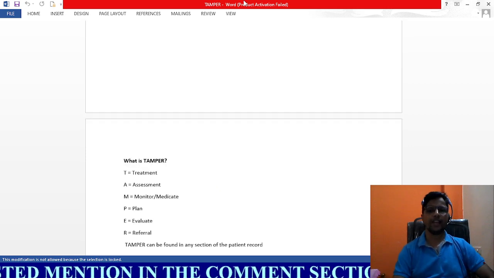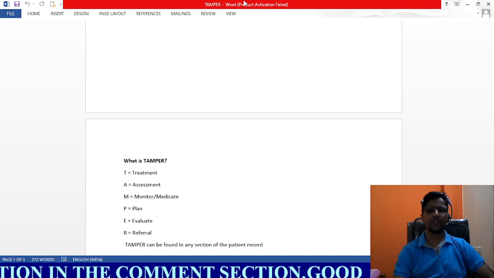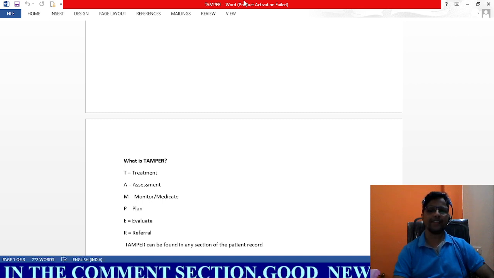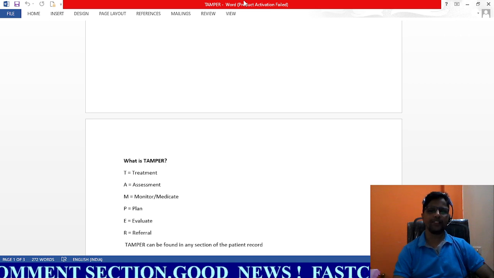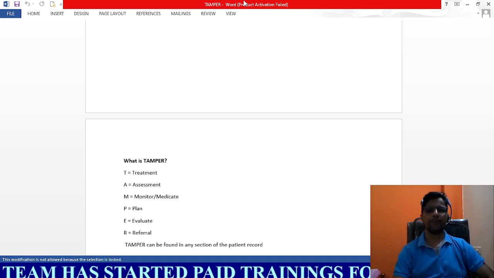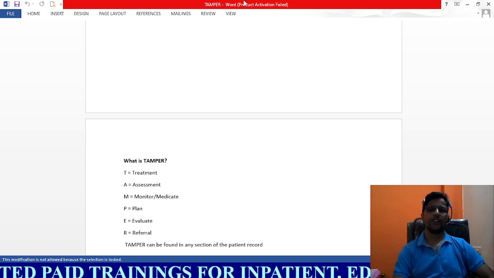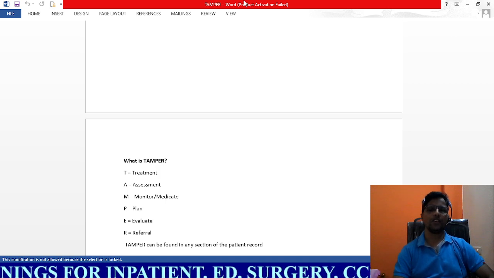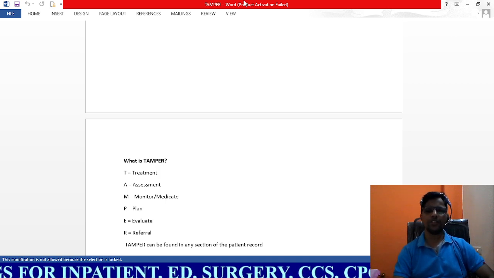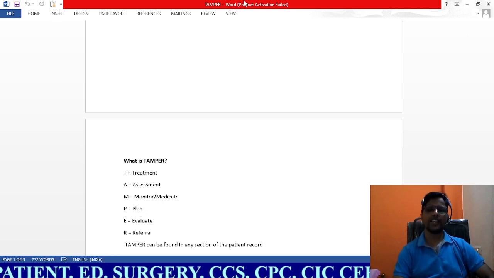So what is TAMPER? Basically TAMPER is the acronym for treatment, assessment, monitor, plan, evaluate, and referral. So where do we use TAMPER? Basically in HCC coding, we need to code most of the chronic conditions. While coding chronic conditions, we will use two concepts like we have discussed previously. One is MEET and second one is TAMPER.